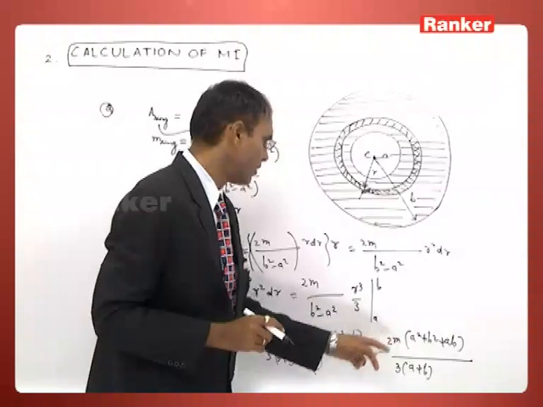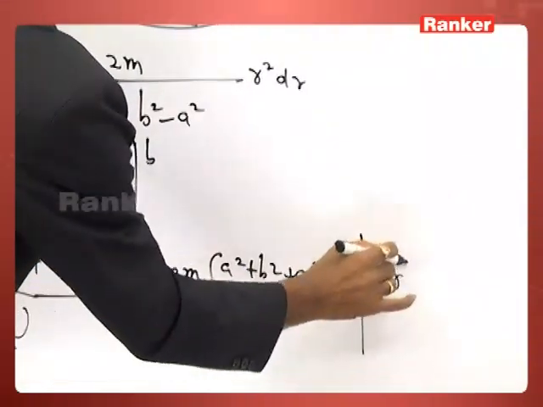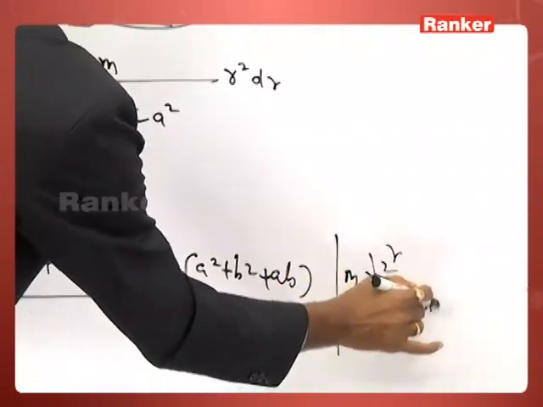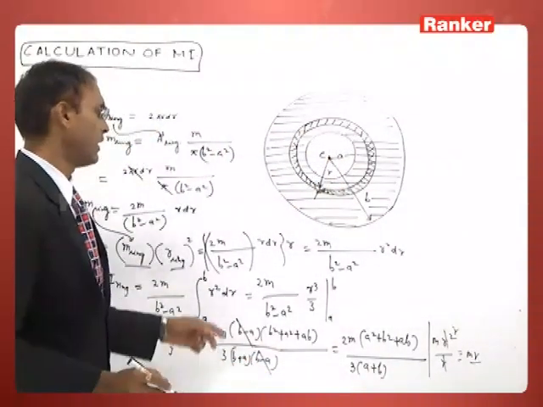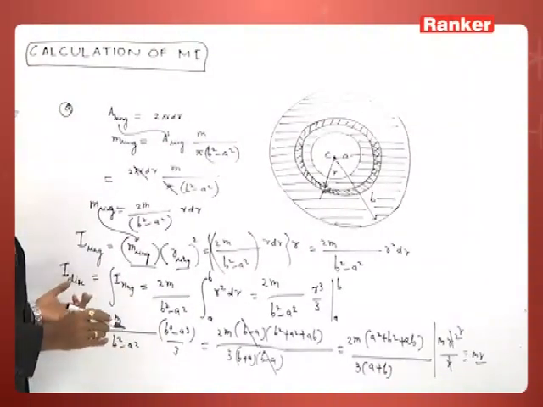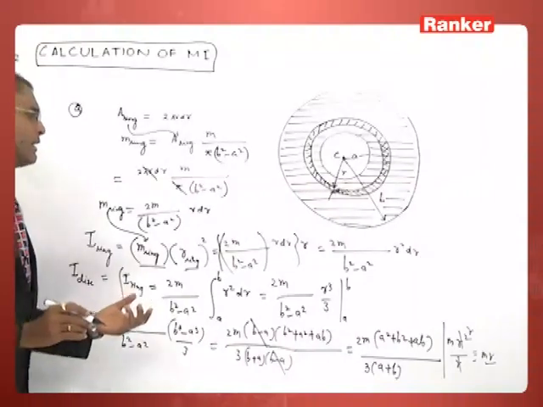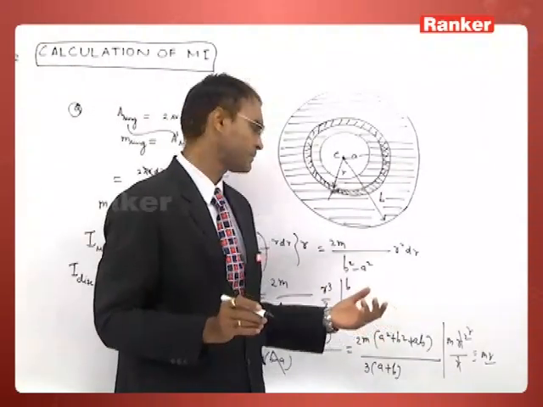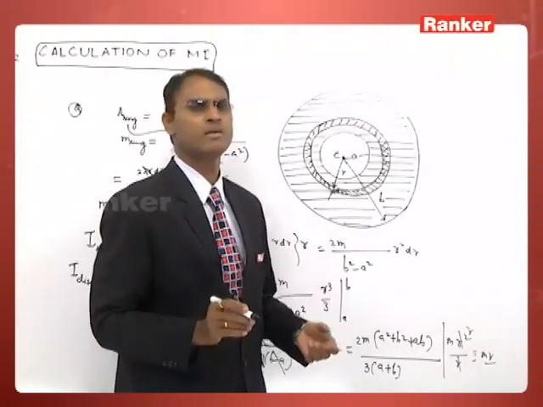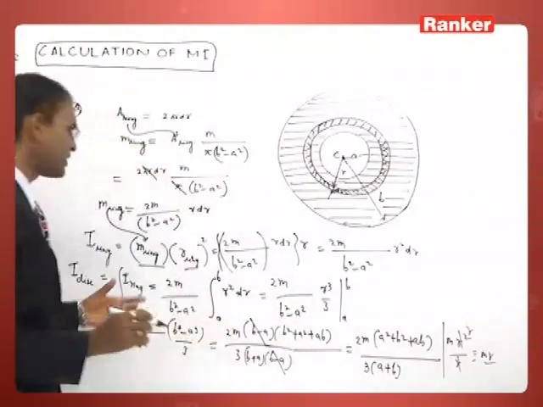So, if you take the distance as r, r square upon r, we are getting the mass into the distance as the answer, which is a wrong result because the moment of inertia is defined as mass times the square of the distance. Therefore, dimensionally this answer is not correct.